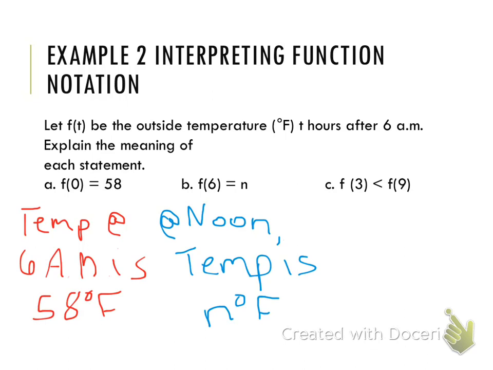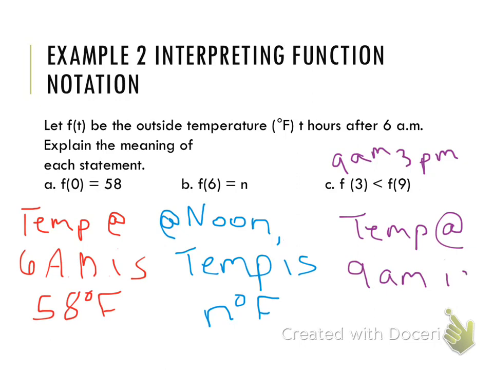Well, f of 3, that means 3 hours after 6 a.m., is going to be 9 a.m. And f of 9, that's going to be 9 hours after 6 a.m., or 3 p.m. So this is telling us that the temp at 9 a.m. is less than the temp at 3 p.m.